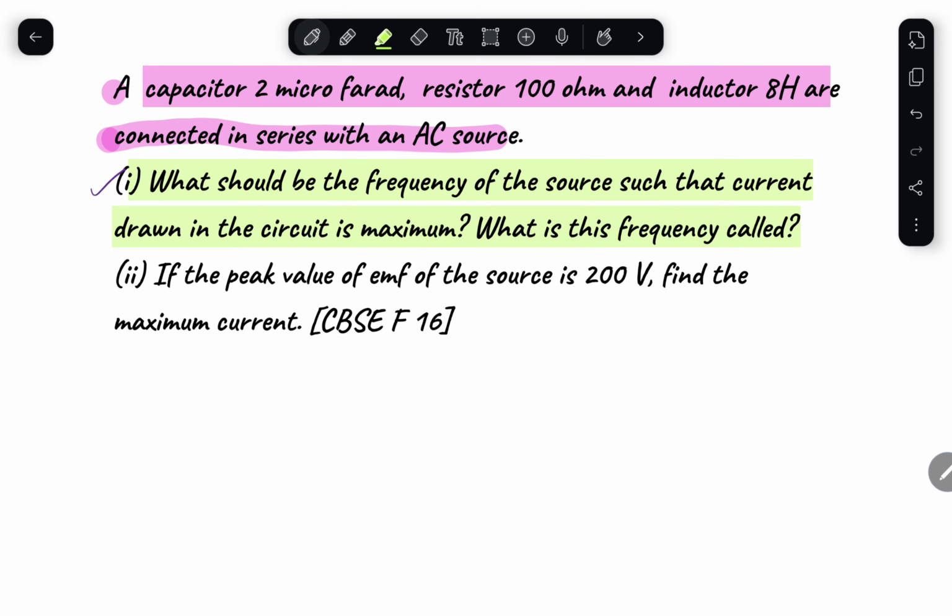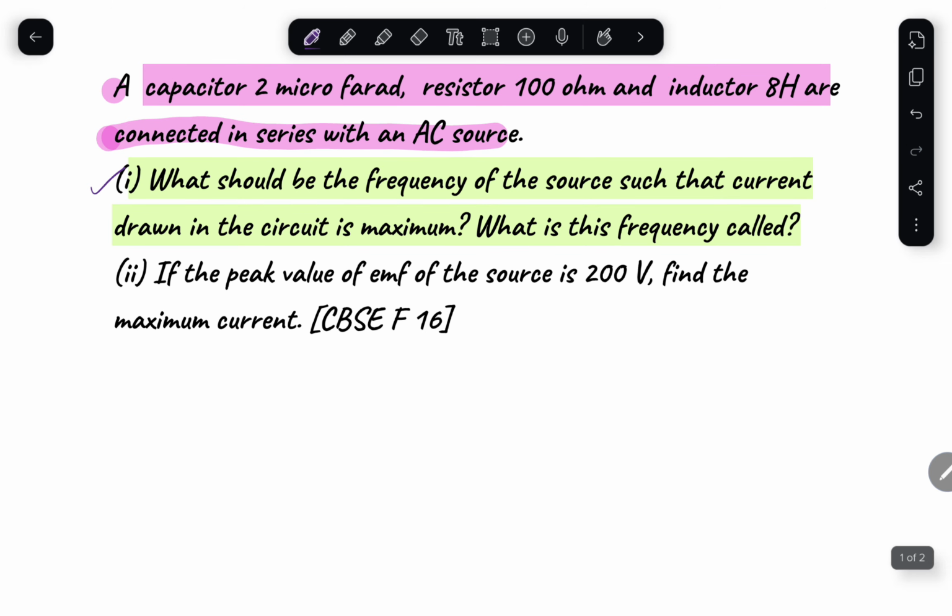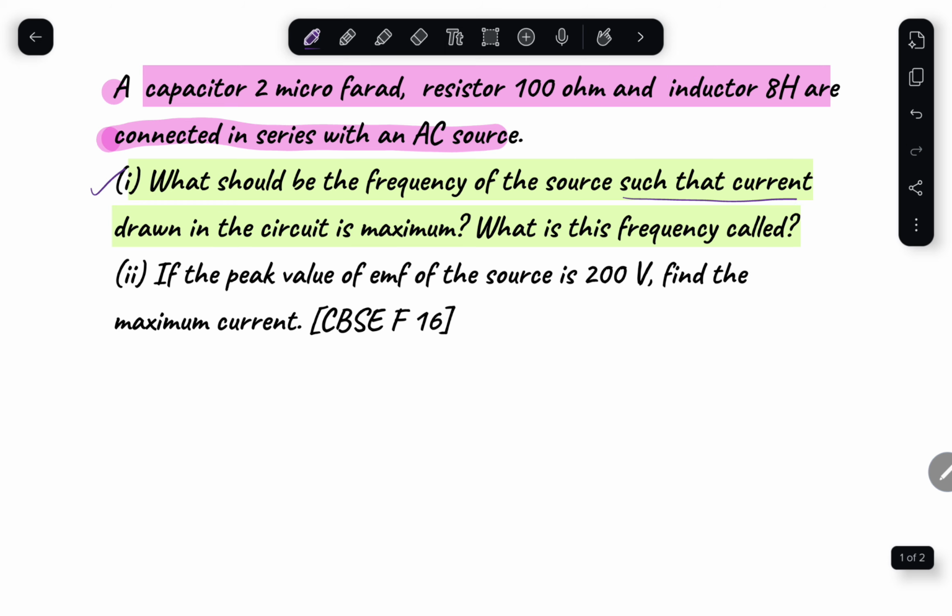The maximum current drawn from the circuit, what is that the condition for? Resonance. That is the condition for resonance.